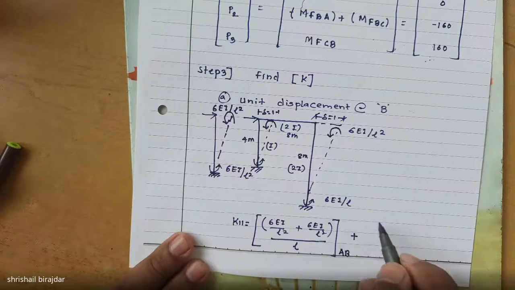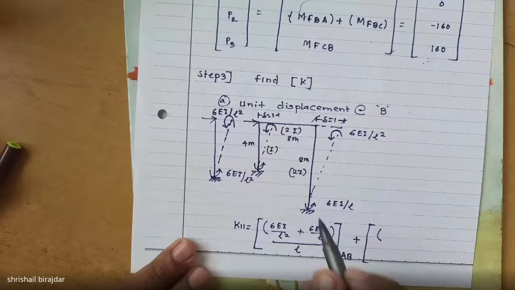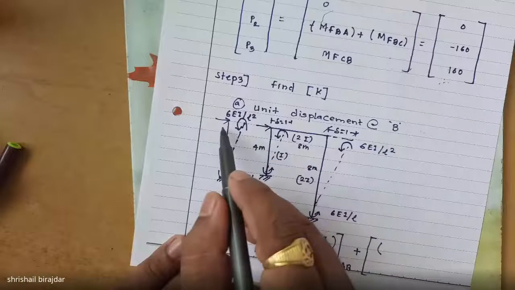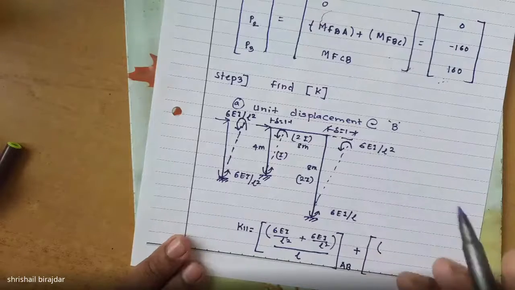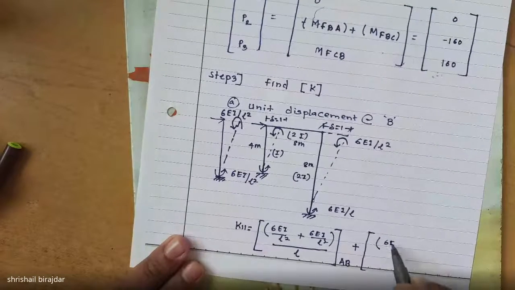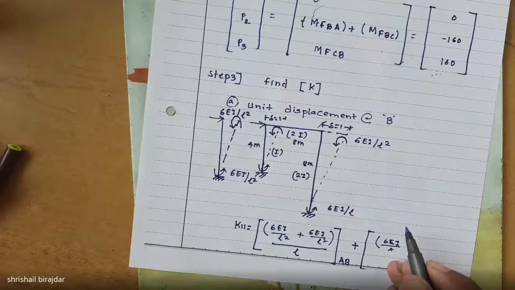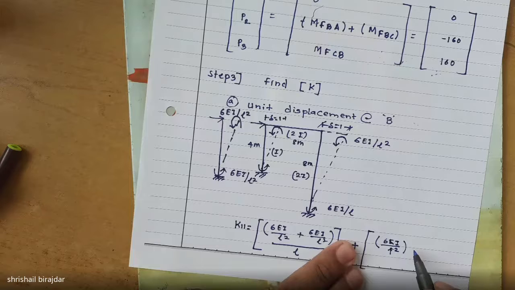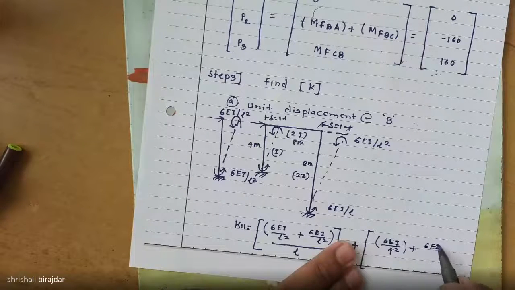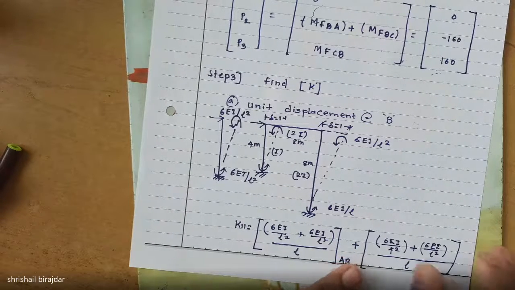Plus, you have to add this particular moment and this particular moment for this column: 6 EI divided by L square plus 6 EI divided by L square, whole divided by L.